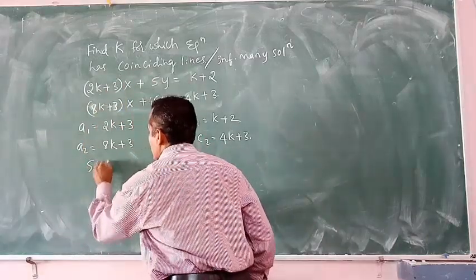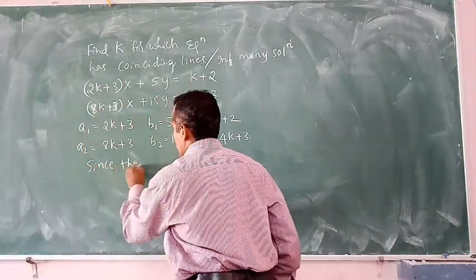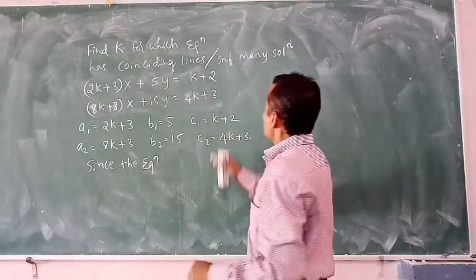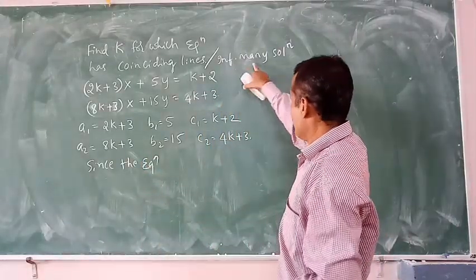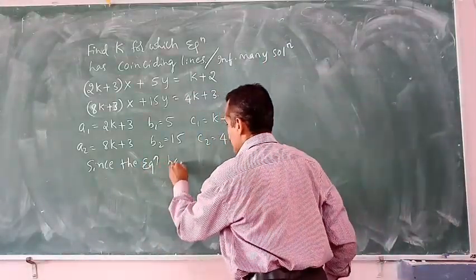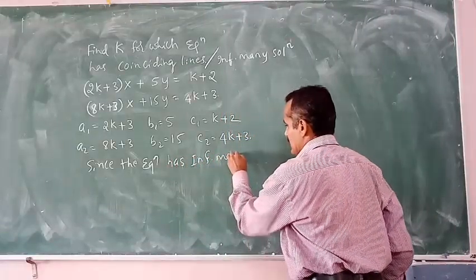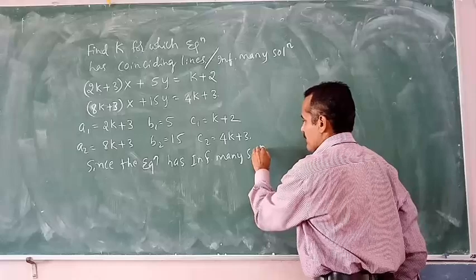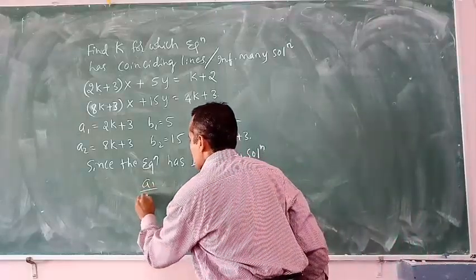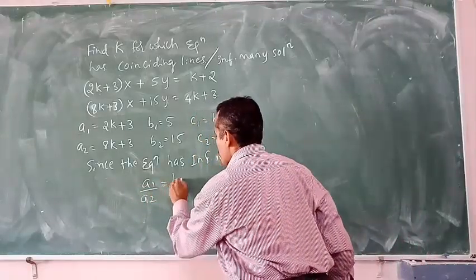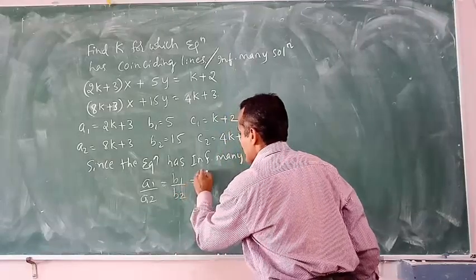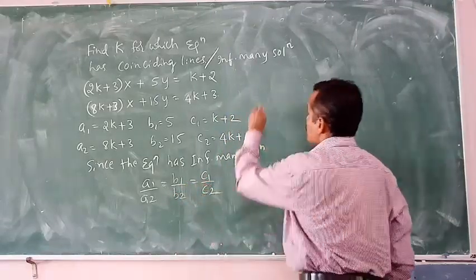Since the equation has infinitely many solutions, the condition is a1 by a2 equals b1 by b2 equals c1 by c2.